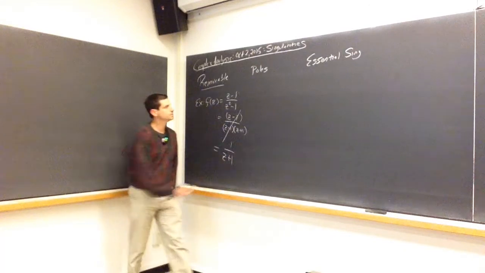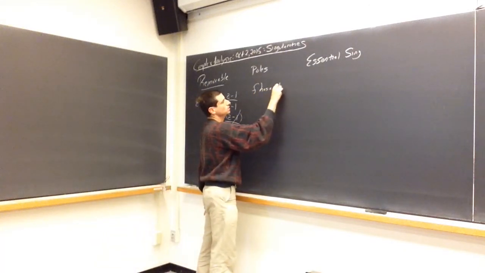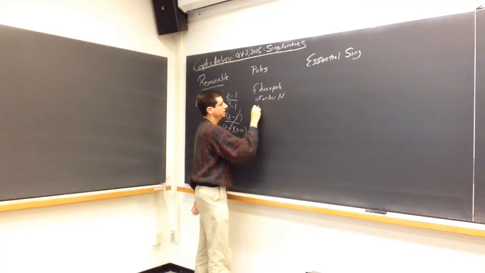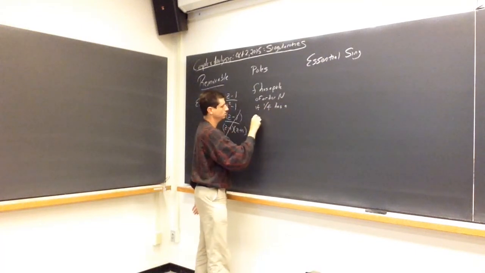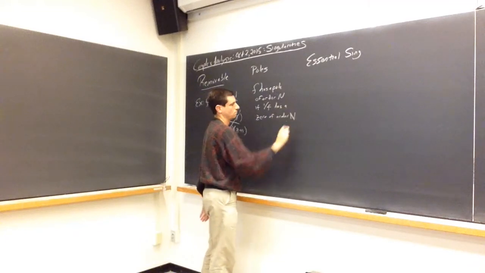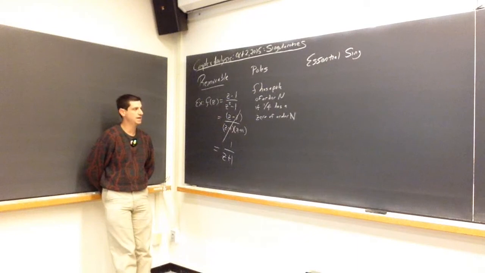Okay, poles. So f has a pole of order n if 1 over f has a 0 of order n. And whenever I write the number n, what do you know about the number n?